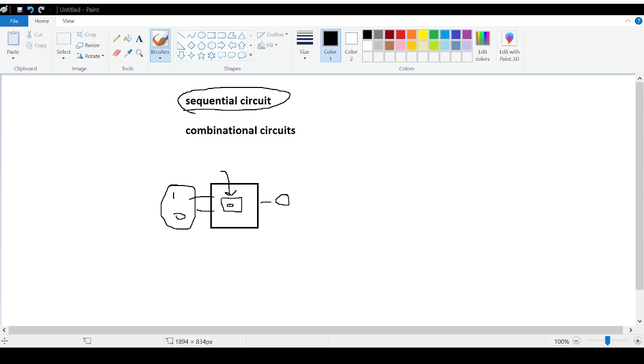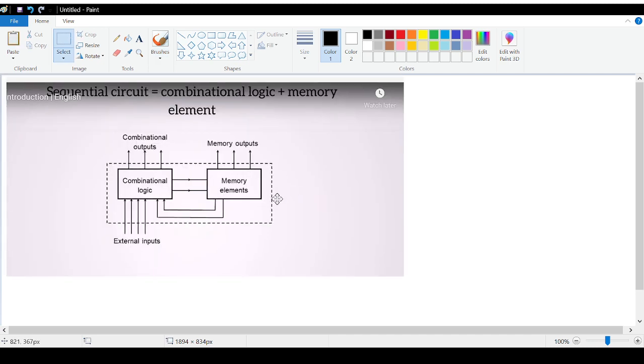So if we look at a sequential circuit, okay, a sequential circuit has a combinational logic unit where it will take some inputs, and these inputs are called external inputs. And it also has some memory element, that is, some value is stored inside the memory, and it combines the inputs and the memory, and then it gives out the output.